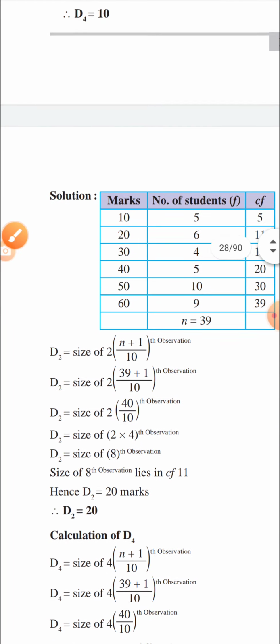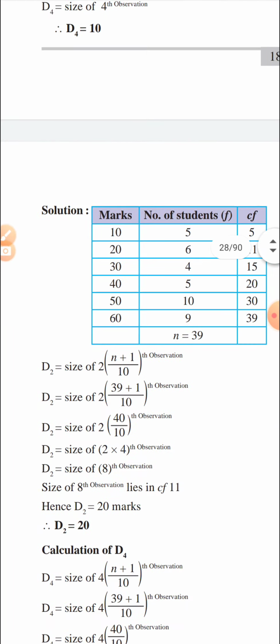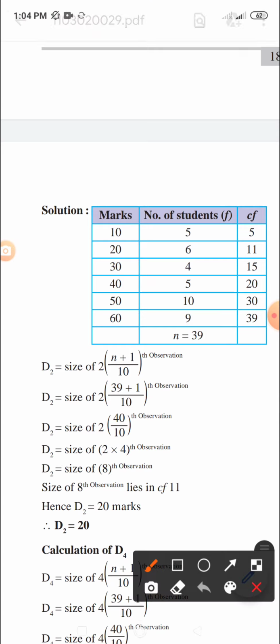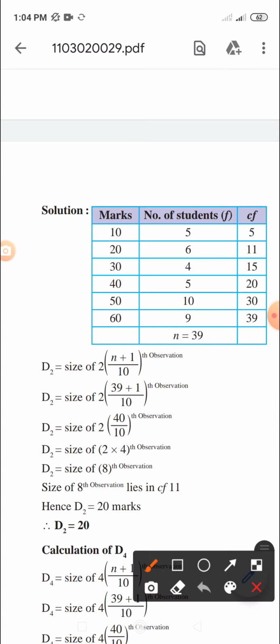So next step, write down the formula. We have to find D2. So D2 is equal to size of 2 into bracket n plus 1 upon 10.